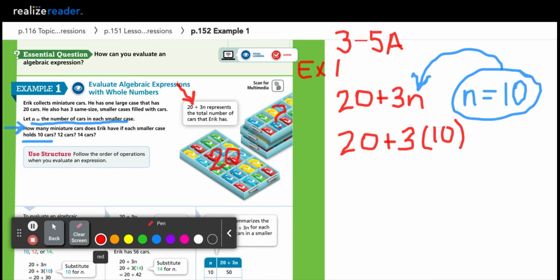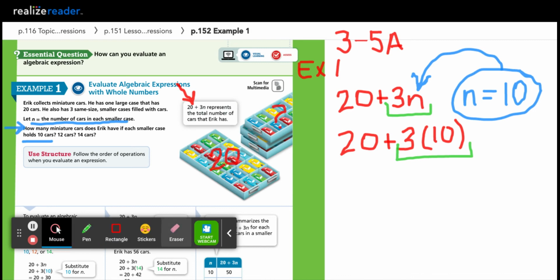So what does it mean right here where we have a number, a coefficient, and a variable right next to each other? What operation is it right here, this 3, and then in the parentheses 10? That is multiplication. A coefficient and a variable is multiplication.